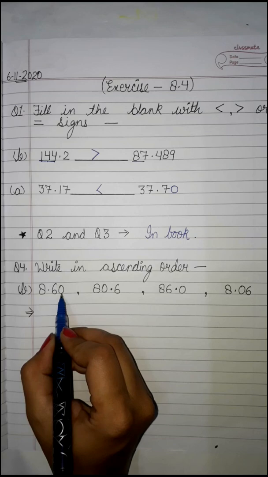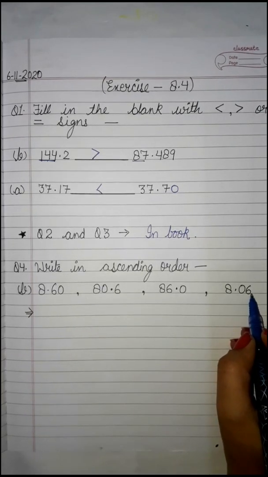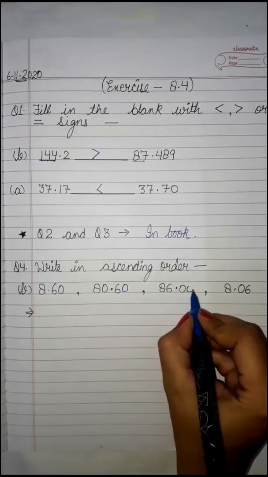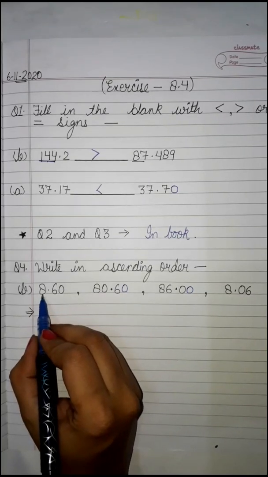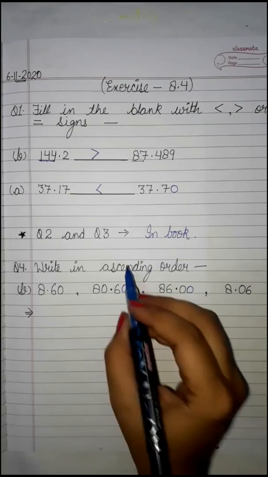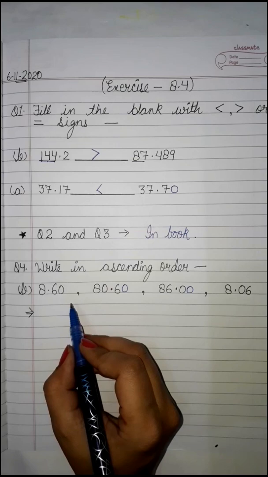In this 2 decimal places, in this 1 and in this 2. So that means the highest decimal place is 2. We will make 2 in each. Now start comparing with the whole numbers. 8, this is 80, 86 and 8. And we have to write in ascending order. That is, we have to pick the smallest number.